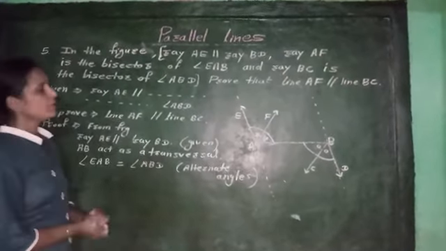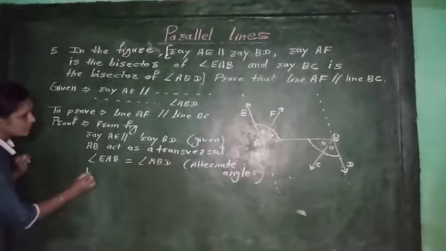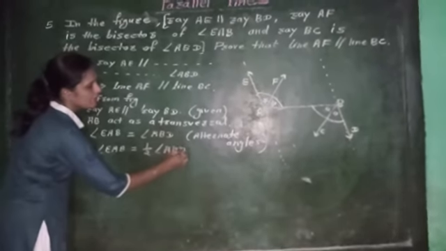Now here AF is the bisector of angle EAB. So we can write also, multiplying both sides by half, 1/2 angle EAB is equal to 1/2 angle ABD.